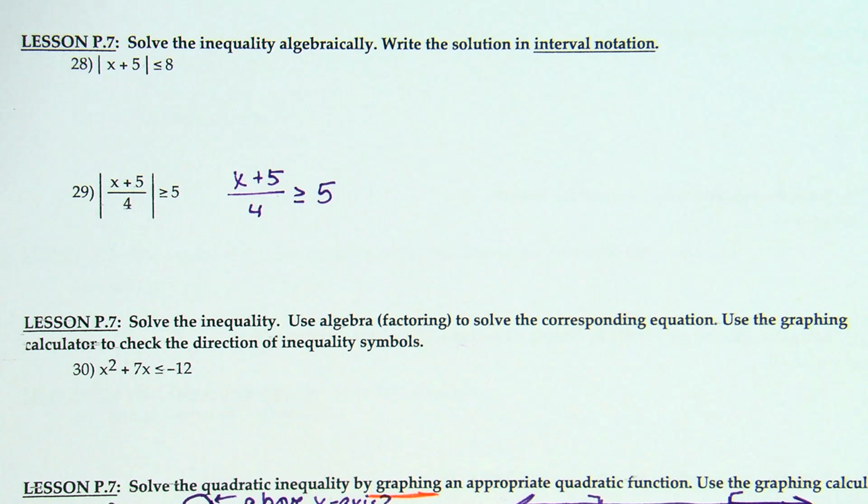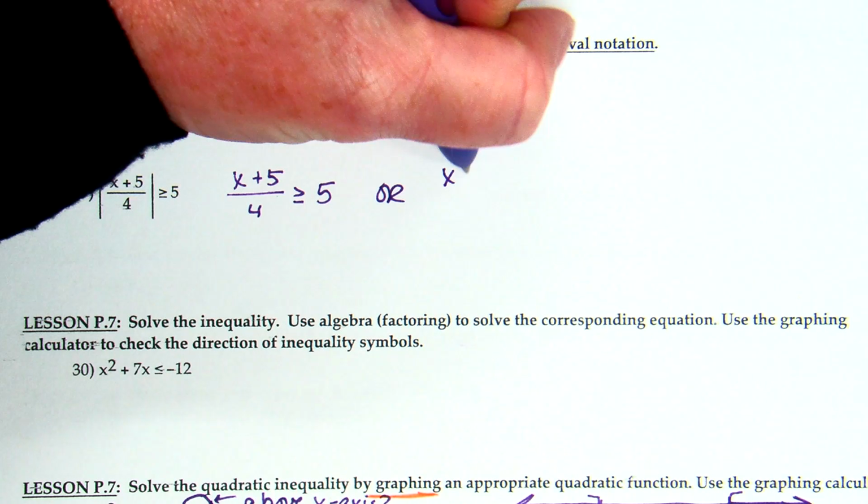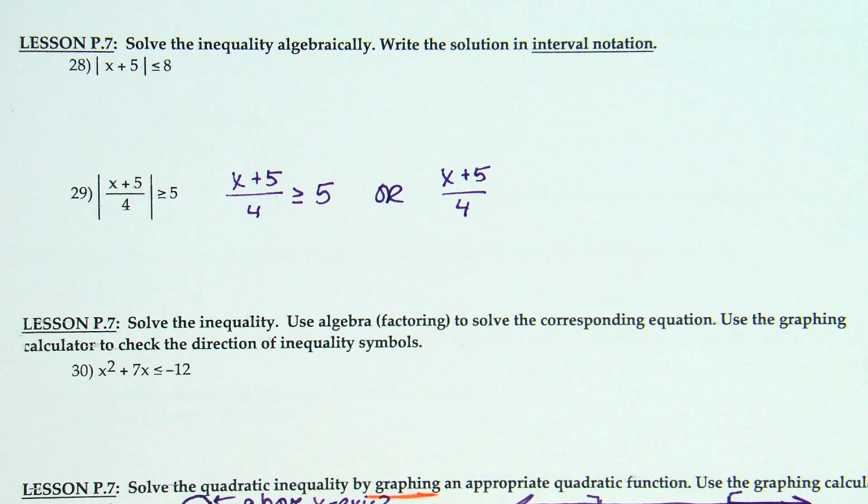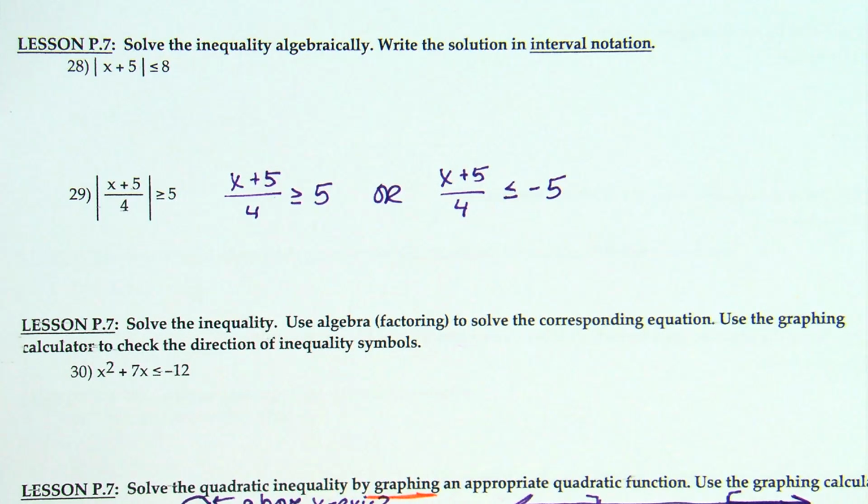Then my other one, I keep the x plus 5 over 4, because I keep what's in the absolute value. Greater than flips to less than or equal to. Positive 5 flips to negative 5. You know how to set those two up, yes? Now, is the fraction tripping you up? If it's x plus 5 divided by 4, how do I deal with divide by 4?